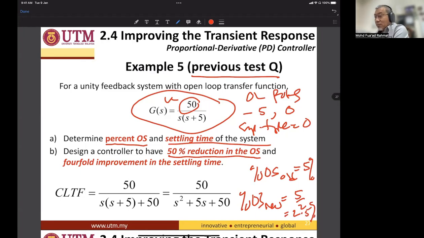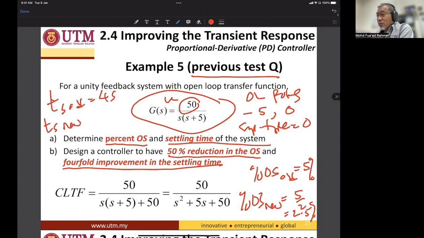And 4-fold improvement of the settling time. Just now it was 3-fold, but now 4-fold. Let's say the old one is 4 seconds, so the new one will be 1/4 multiplied by 4, 1 second. That is the meaning of 4-fold improvement, or 3-fold reduction. So you must understand the wording.